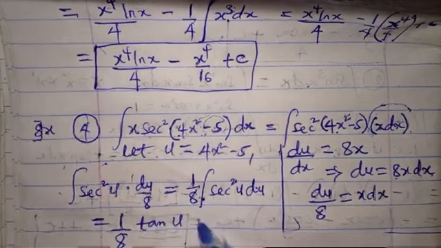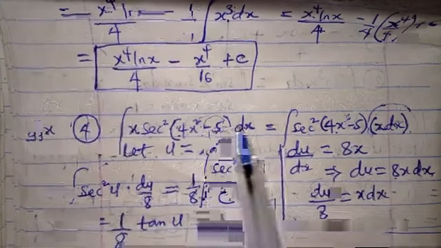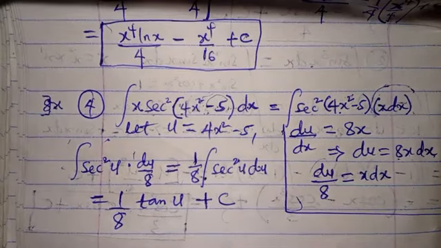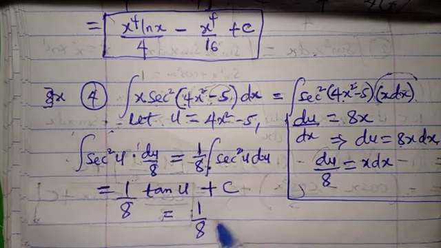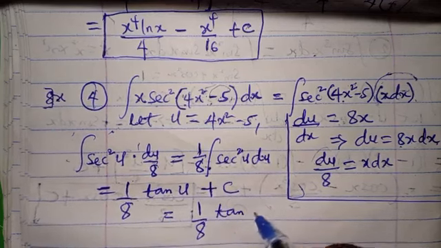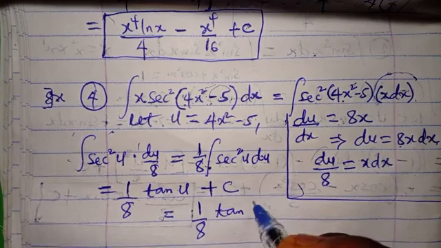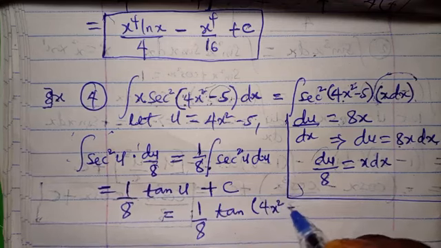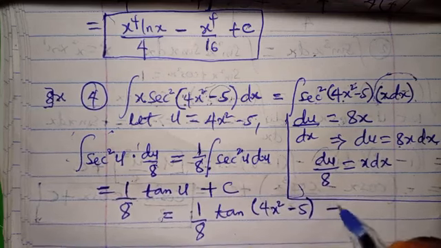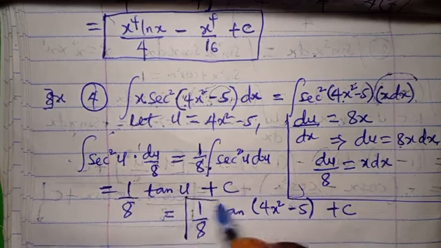Let u be equal to 4x squared minus 5. So this is now equal to 1 all over 8 times tan of 4x squared minus 5, plus c. This is the integral.